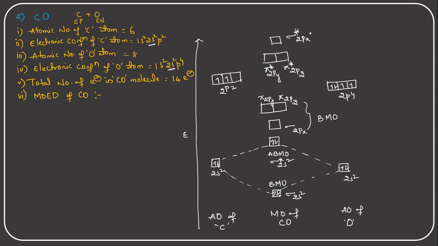So these three orbitals are the anti-bonding molecular orbitals, and total how many electrons are there? So total 6 electrons are there.